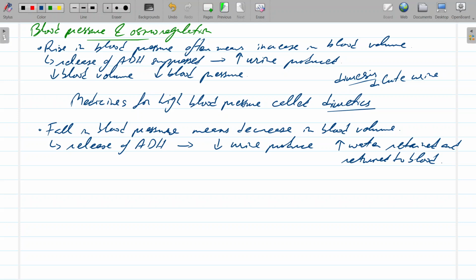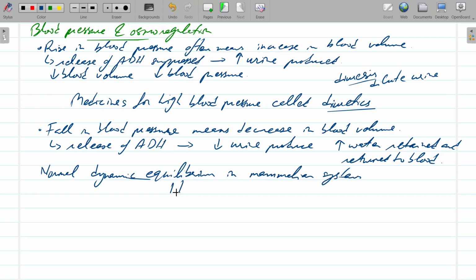All of this is part of a normal dynamic equilibrium in mammalian systems, and obviously homeostasis. Any questions?